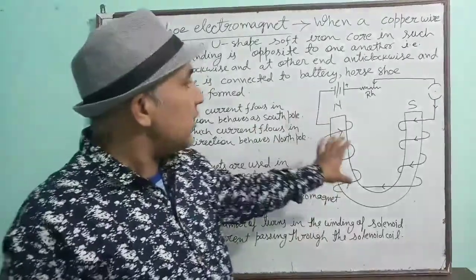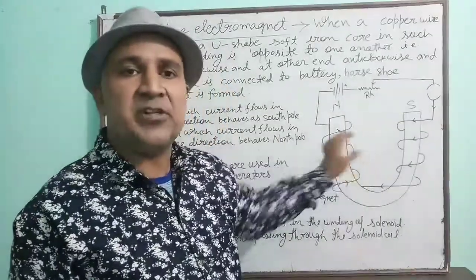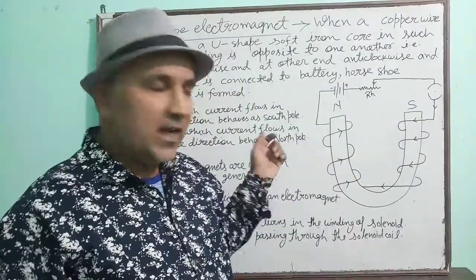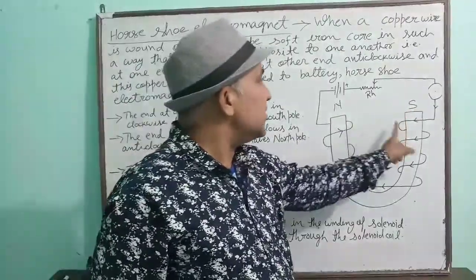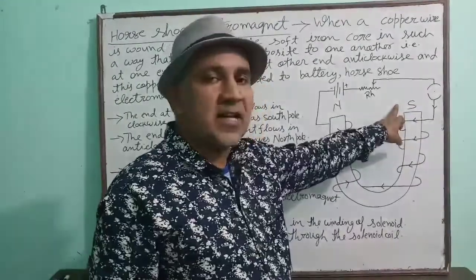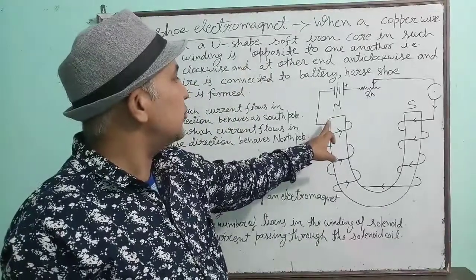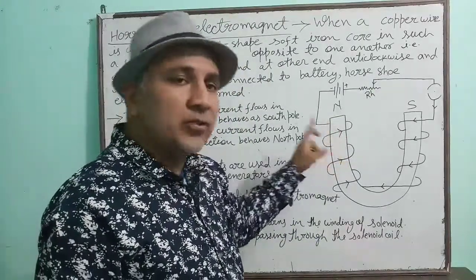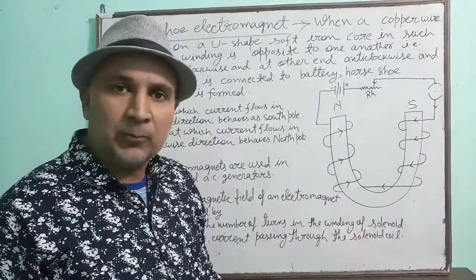In the horseshoe electromagnet, a very strong magnetic field is produced, and the end at which the wire is wound clockwise behaves like a south pole, and the end where the wire is wound anti-clockwise behaves like a north pole.